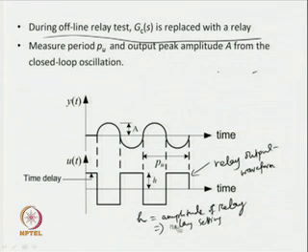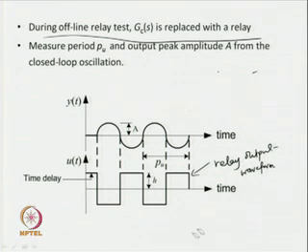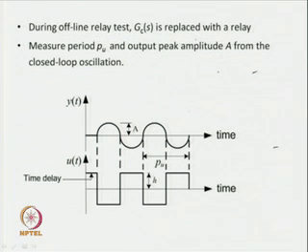So, when the autonomous relay control system is considered, we get a typical limit cycle output of the unknown process of this form and a typical relay output of this form.